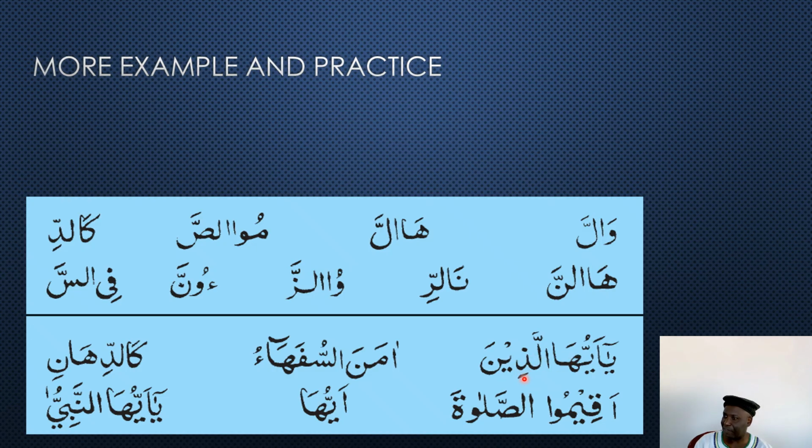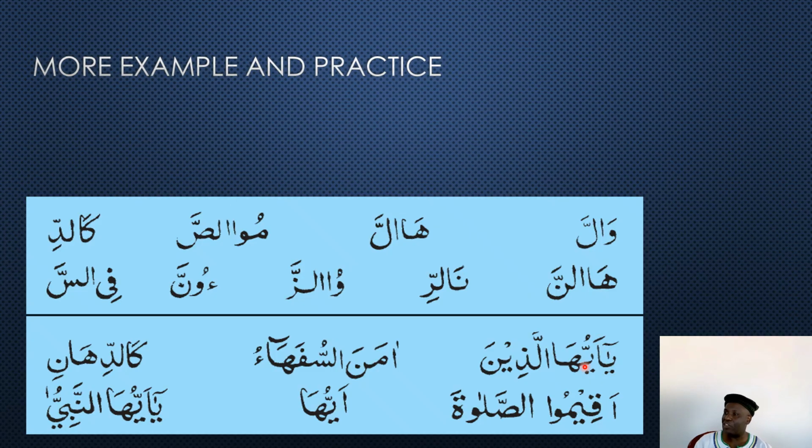The dal kasra, but there's a ya jazim. When it's like this, kasra and ya jazim together means that you prolong or lengthen the pronunciation of dal here. It's going to be ladhi and noon fatha na. Ladhina.